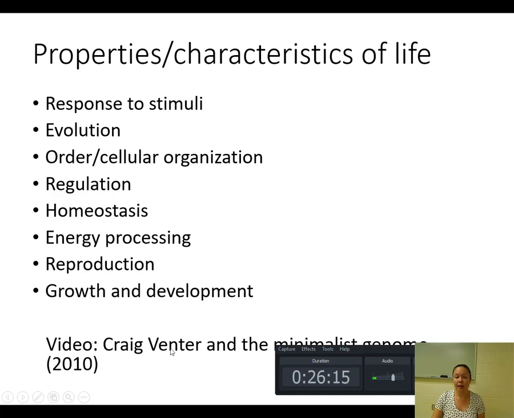So there's a researcher by the name of Craig Venter, and he created what's called the minimalist genome back in 2010, which is almost 10 years ago now, but he was the first individual to create a synthetic life form. So essentially what he did is he took an organism that already existed, like a bacterial species.